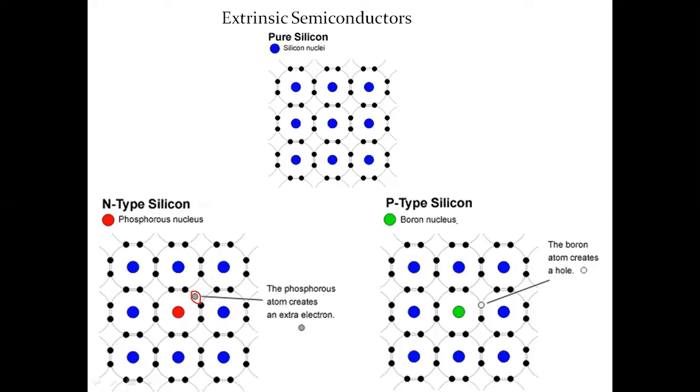On the other hand, when you dope a group 4 element with a group 3 element like boron, what will happen? Boron has 3 valence electrons. That means whenever a boron atom forms covalent bonds with neighboring silicon atoms, there is an absence of an electron, and we call that absence of electron a hole. Again, since you are doping a large number of boron atoms into the silicon, you are creating a large number of holes, that means absence of electrons.